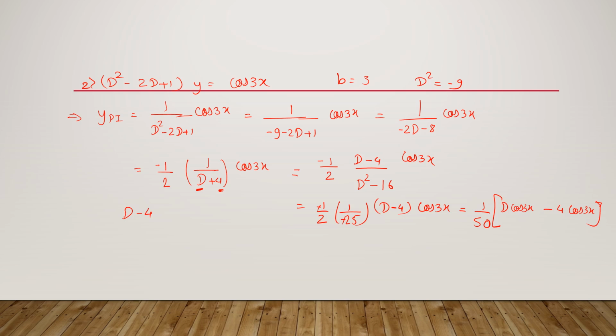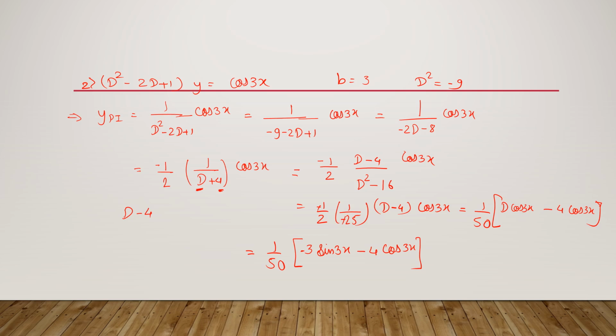So the solution will be 1 upon 50, differentiation of cos 3x will be equal to minus 3 sin 3x, sorry, I forgot the minus sign over here, minus 4 cos 3x.